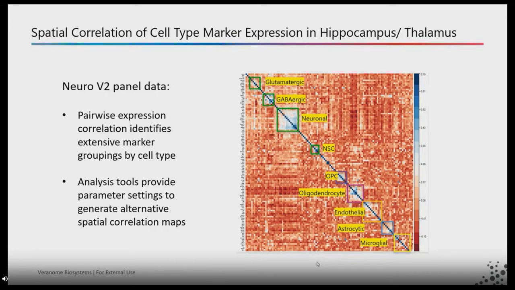So this panel really is equipped with a range of tools to interrogate neuronal systems, and the software itself can then provide alternative views, and spatial maps, and ways to do correlation analysis.